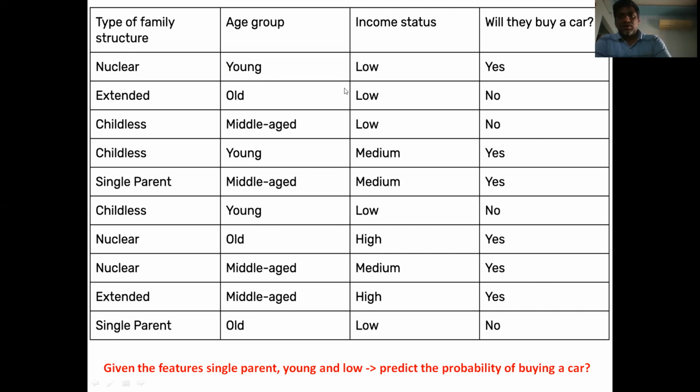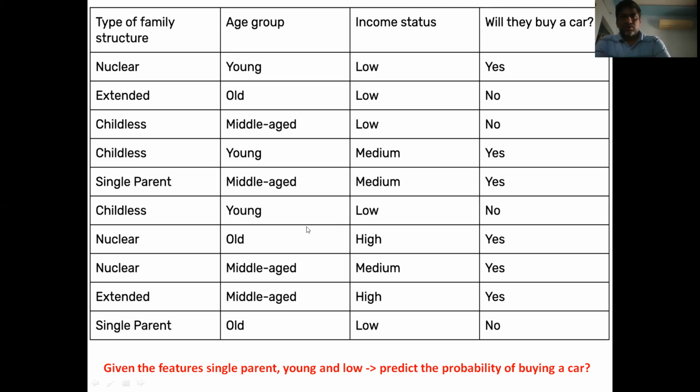So we need to design a naive Bayes classifier based on the available data. Then the classifier must be able to identify the output of any given input pattern with three given features.